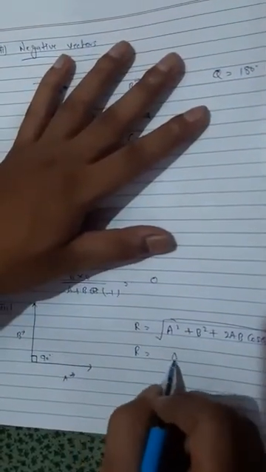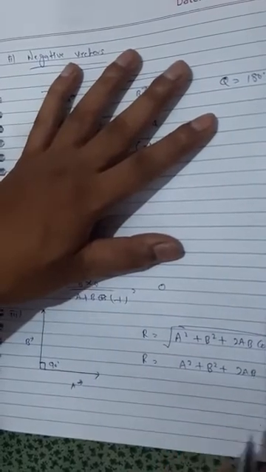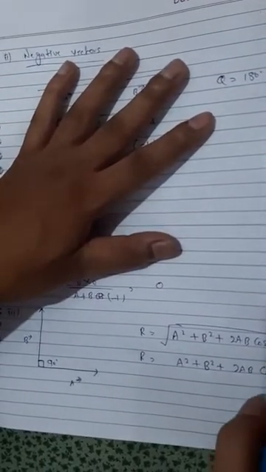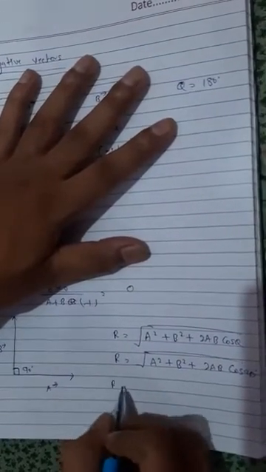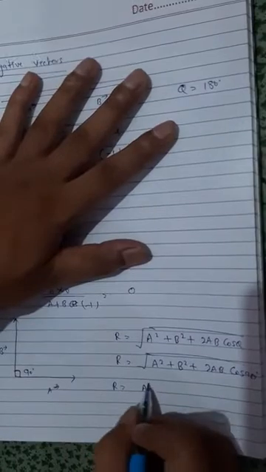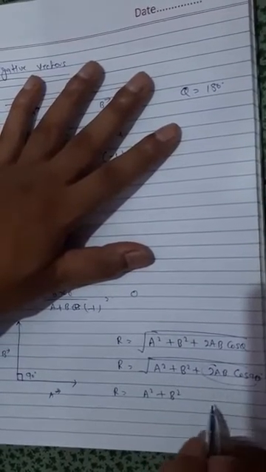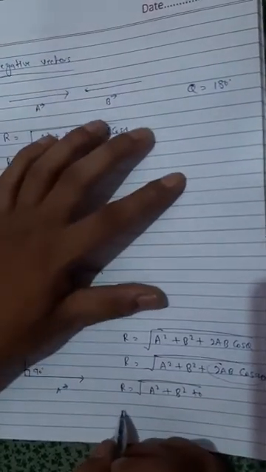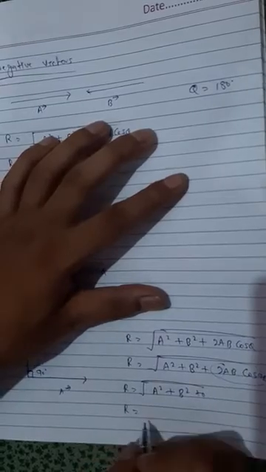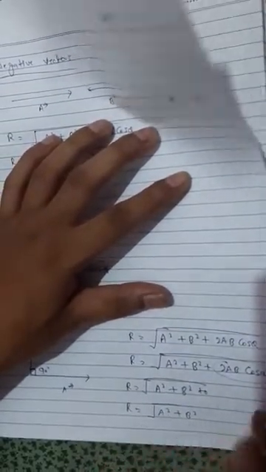Here the angle is 90, so it will be cos 90 degree, and we know the value of cos 90 degree is equal to 0. So this whole term will be 0. So the final value of your resultant vector is the square root of a square plus b square.